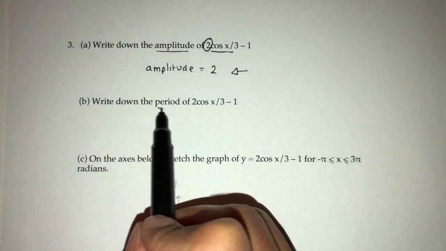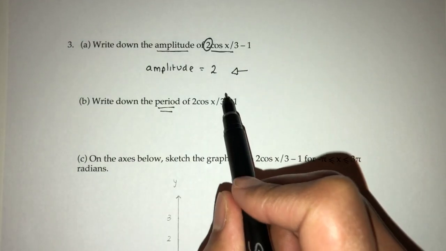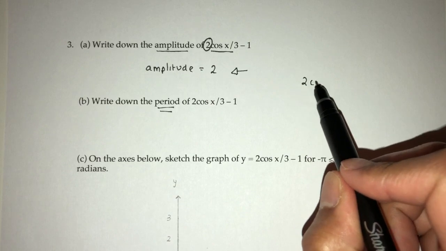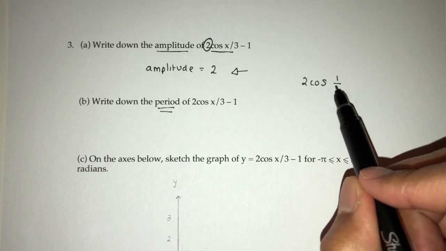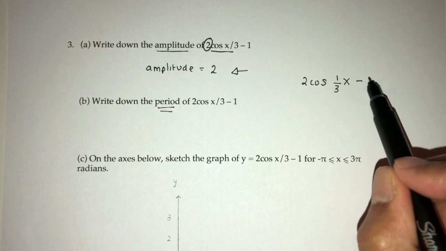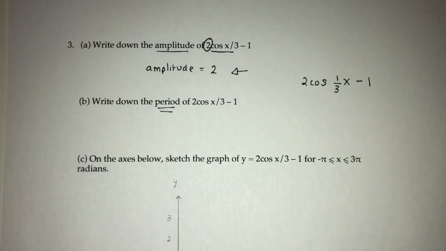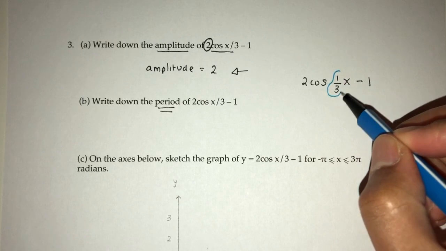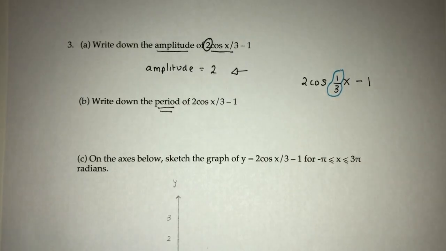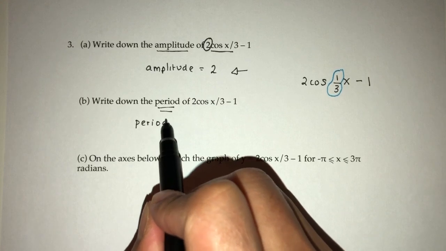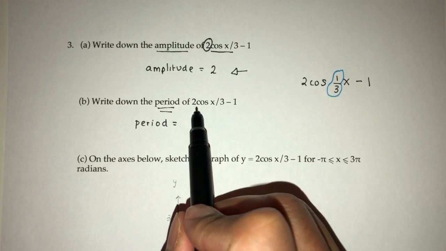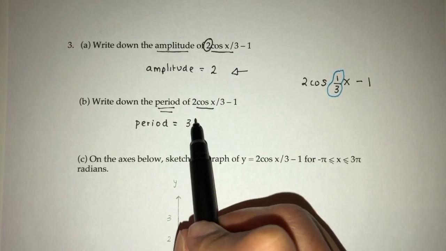Now for period, we have to look at this value. So we have 2 cos. Now what is x over 3? It is basically 1 over 3 times x minus 1. So we have to use this value to find the period. Period is equal to, now this one is a cos function, we have to use 360.